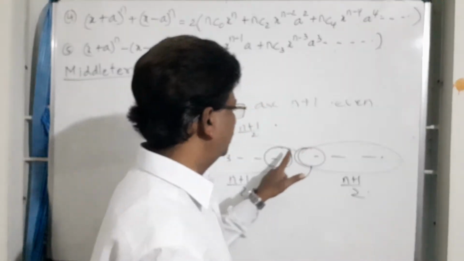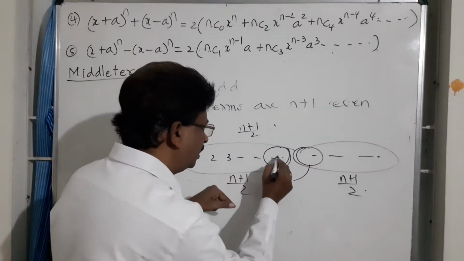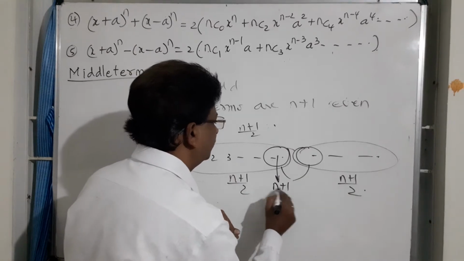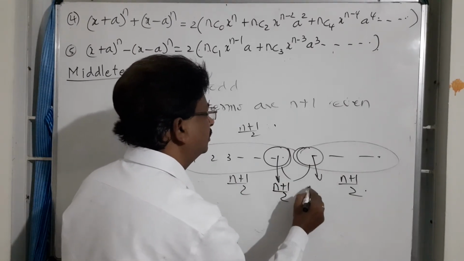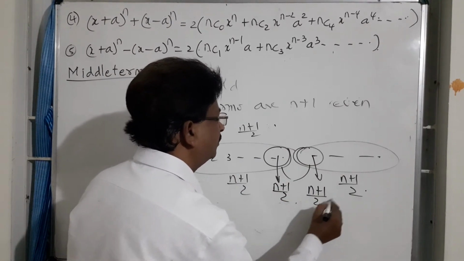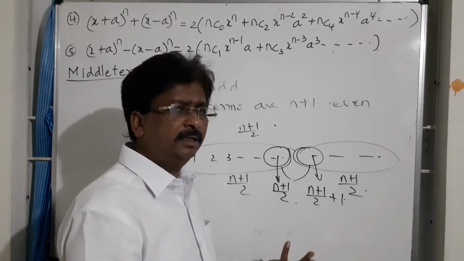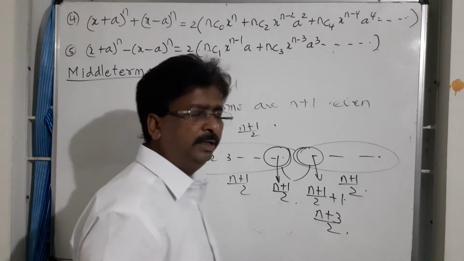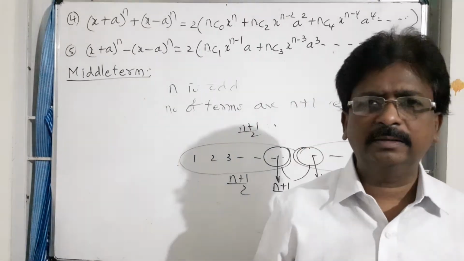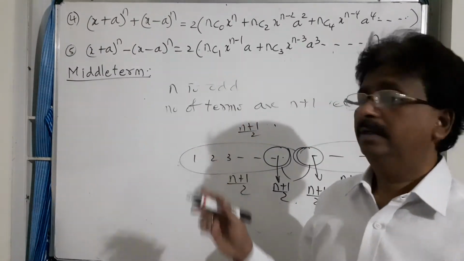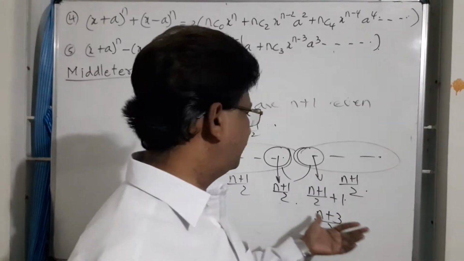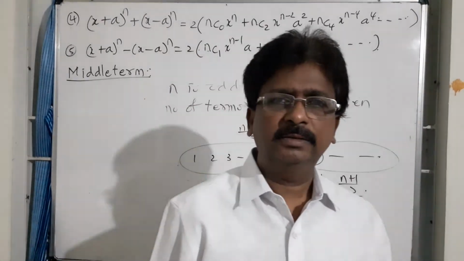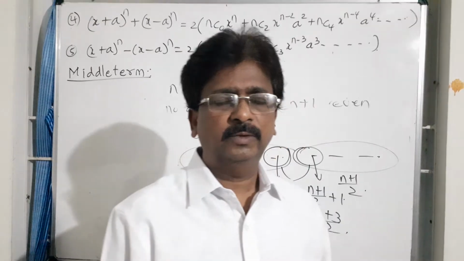What is the term number here? Here the term number is (n + 1)/2. Here the term number is (n + 1)/2 plus 1, the next term, that is (n + 3)/2. So if n is an odd number, the (n + 1)/2 and (n + 3)/2 terms are the middle terms. Okay.